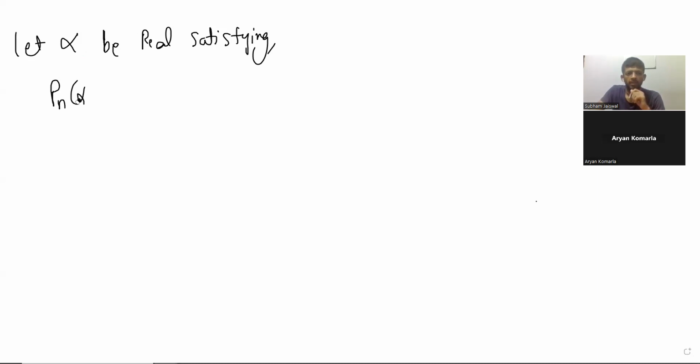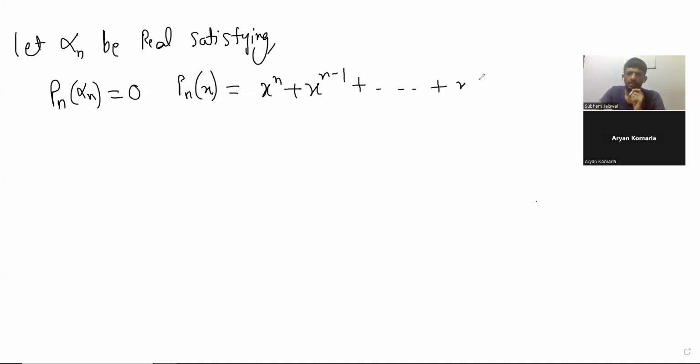where alpha is dependent on n, so it's alpha n. Here P n of x is equal to x to the n plus x to the n minus 1, all the way up to x plus x, minus 1.